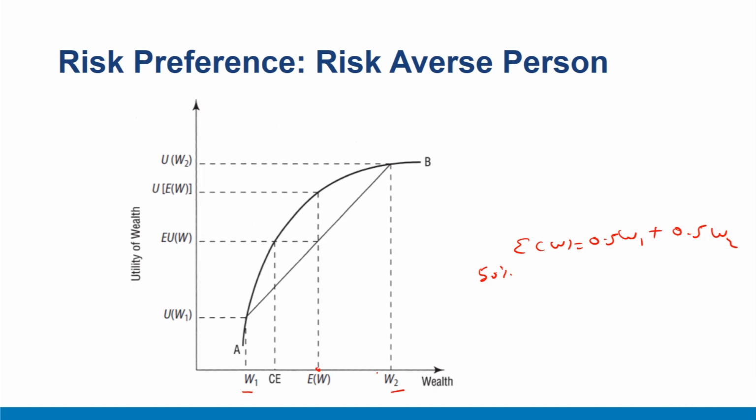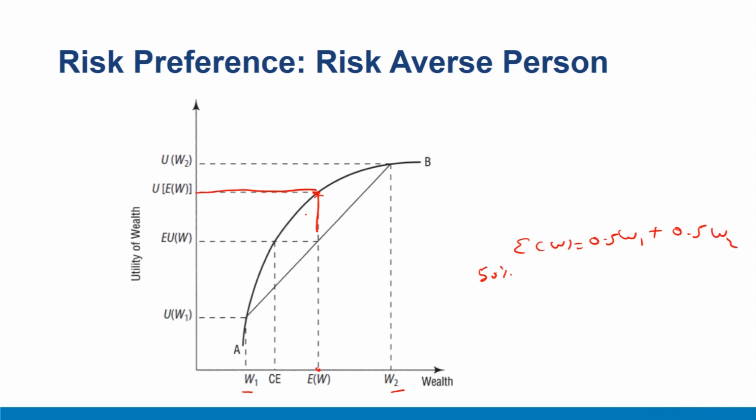However, if you look at this graph and we try to generate the expected utility of this wealth, we can easily find it on the curve for this individual. If it is a risk averse person, we can find the utility of this expected wealth at this point, which can be easily observed.